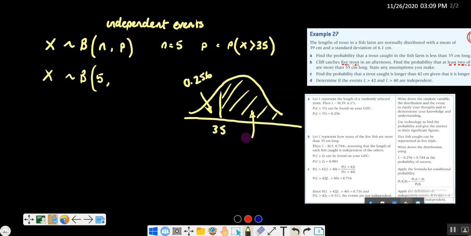So how do I work out the probability of everything else? 1 minus 0.256. So what's that? 0.644. So the probability that we're greater than 35 is 0.644.